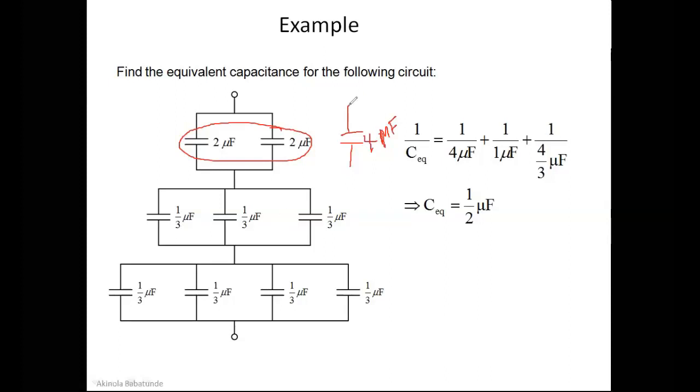So this is like the capacitance connected. Then we come down here. We have another capacitor here. What is the value of this effective capacitance here?